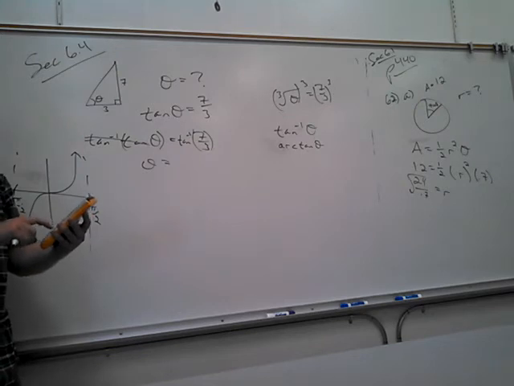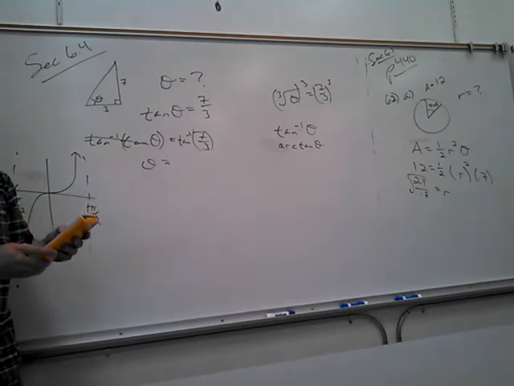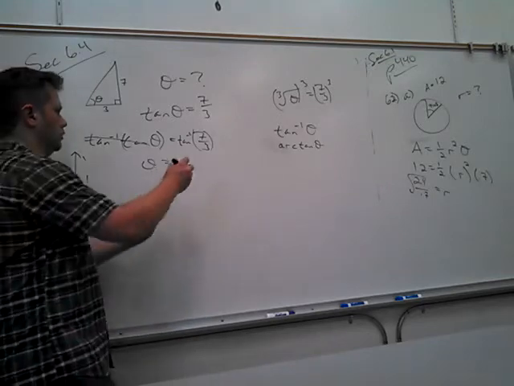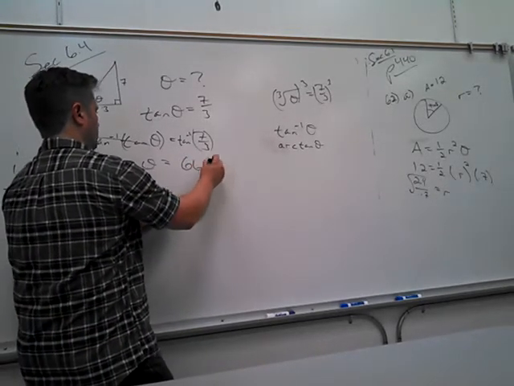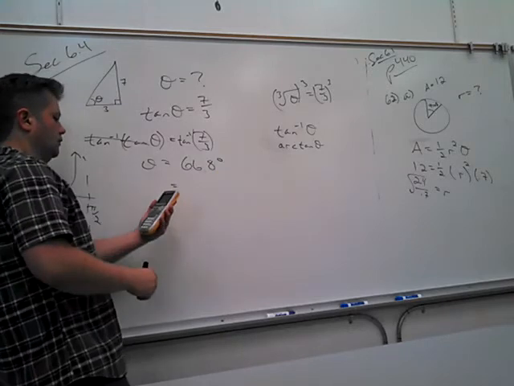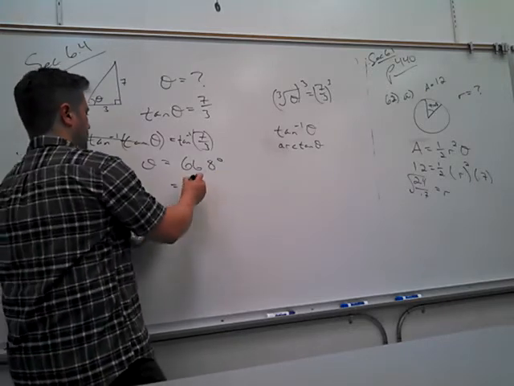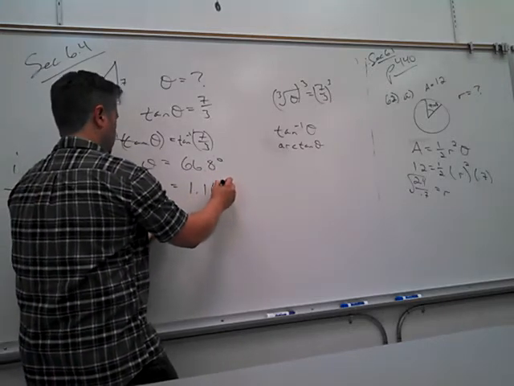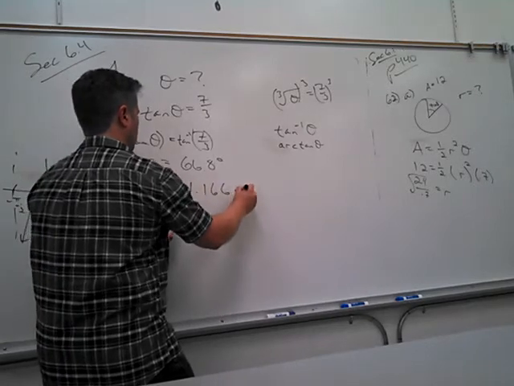I like it. I'm seeing who's got their calculator in radians. In degrees, I get 66.8 degrees. In radians, I get 1.166 roughly.